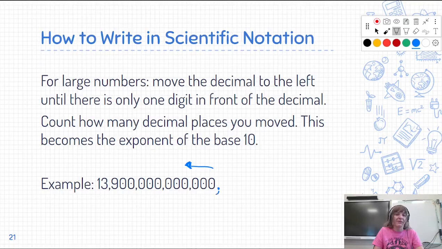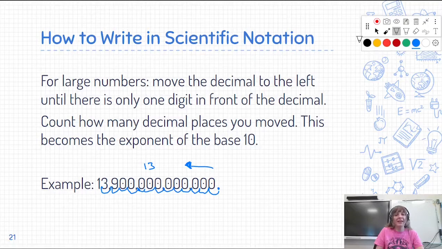So I will say that it moved 1, 2, 3, 4, 5, 6, 7, 8, 9, 10, 11, 12, and 13 places. You want to have only one number in front of the decimal. So it moved 13 to the left.